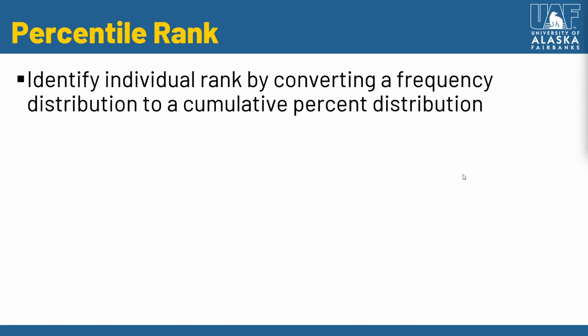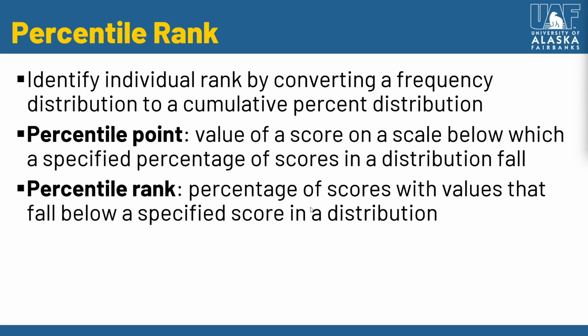Some terms here, percentile rank and percentile point, because that's essentially the technical term for what we're looking for here. So these can help us to identify sort of an individual rank within this distribution. Yeah, these definitions are wordy. Basically, what we're doing here is we're taking our frequency distribution and converting it to a cumulative percent distribution.